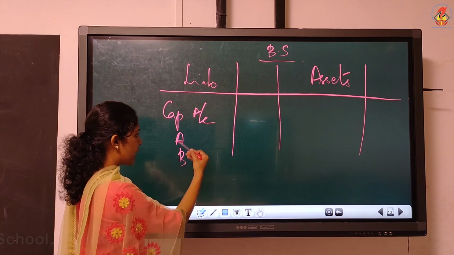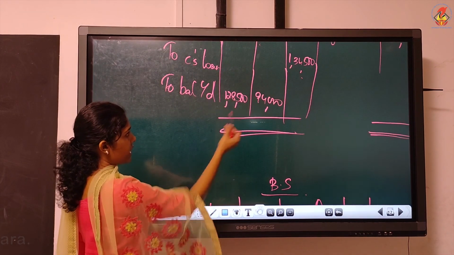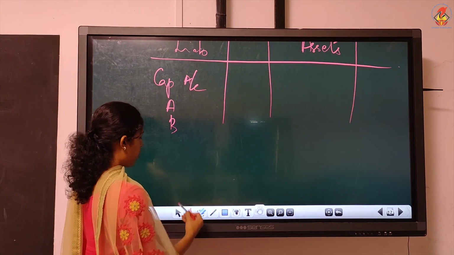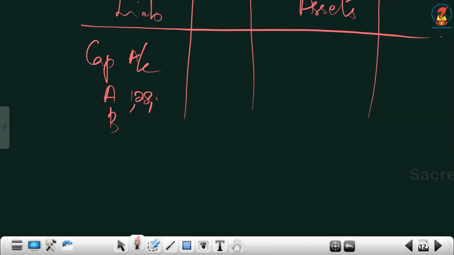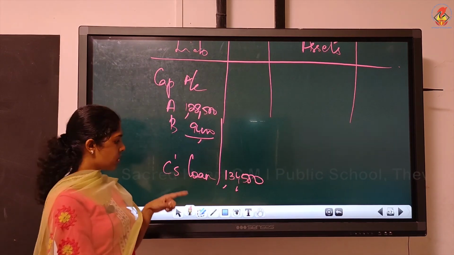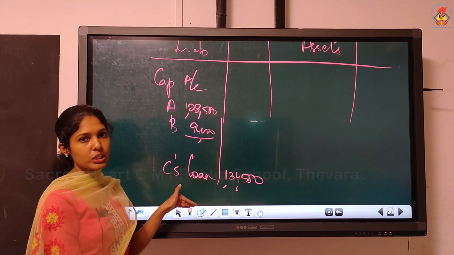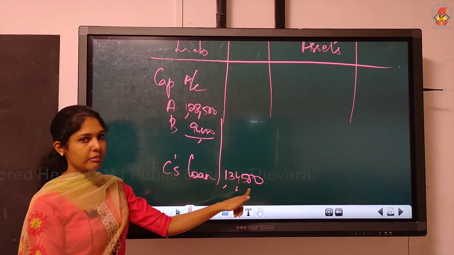And from where will you take these A and B's figure? The balance carry down figures you have to take. 1,28,500 and 94,000. And for partner C, you have to write it as C's loan, which is 1,34,500. Understood? Don't write C's capital, C is no more a partner. So that C's loan must come on the liability side, that balancing figure.